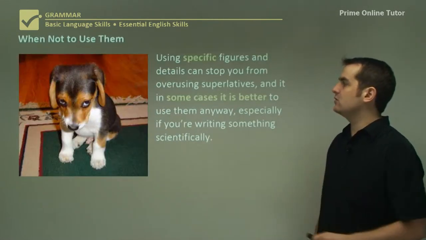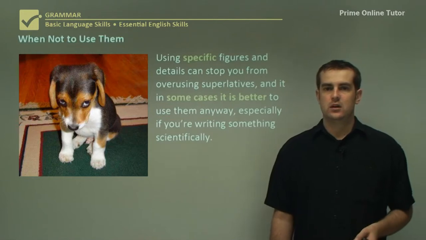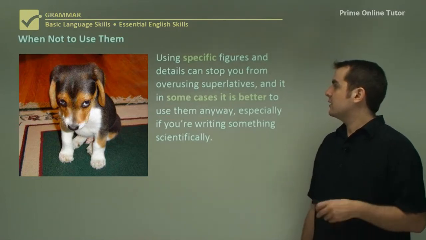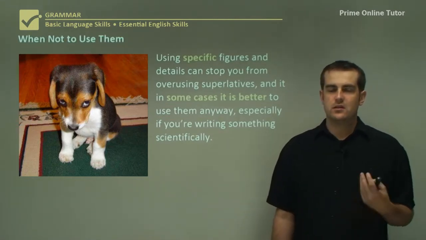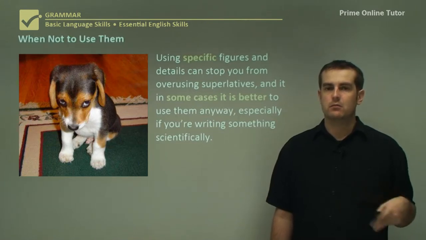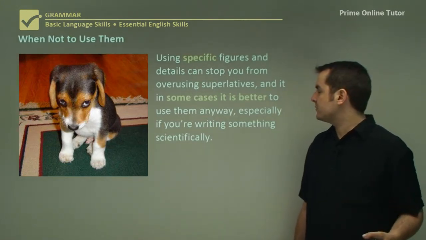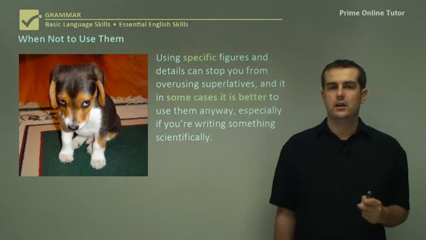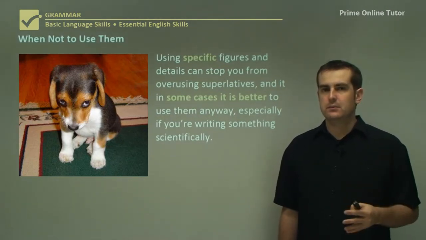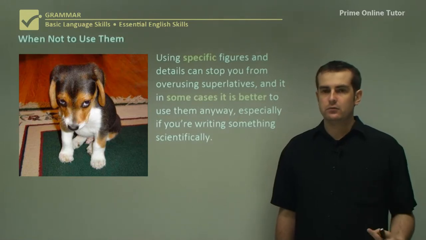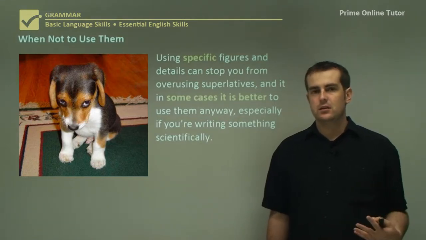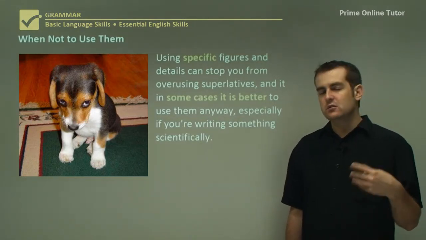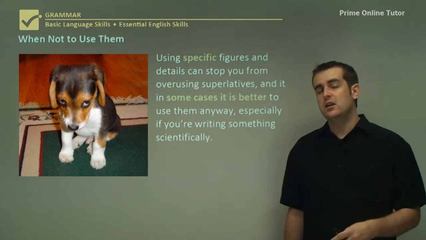Okay, when is it not good to use them? Using specific figures can help you from overusing them. If you keep saying bigger and bigger and bigger, start using some specifics, some actual details, especially if you're writing something scientific. If you're writing about a result, then you want to use the exact numbers, because that's what you're trying to prove.